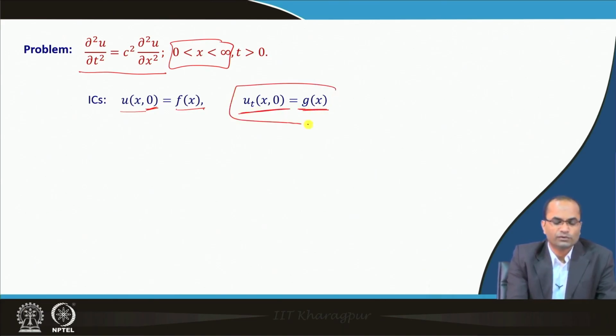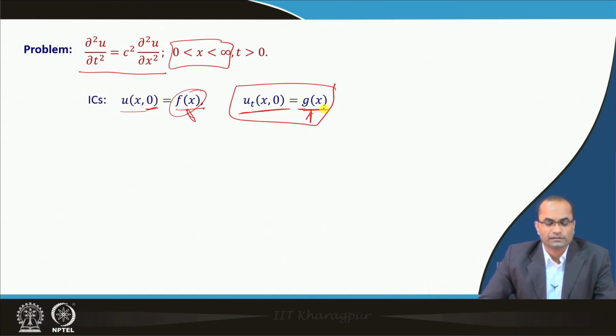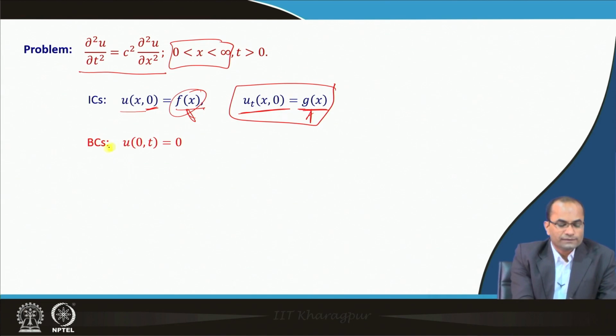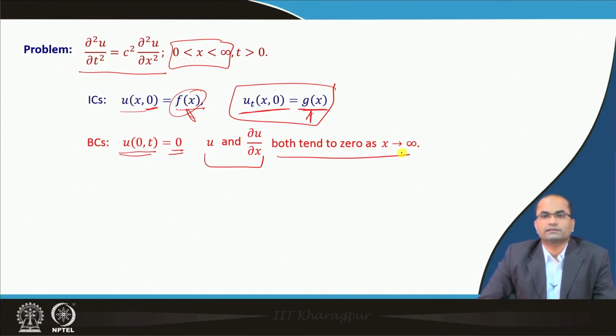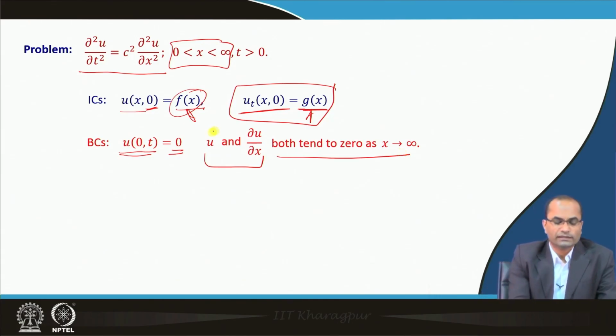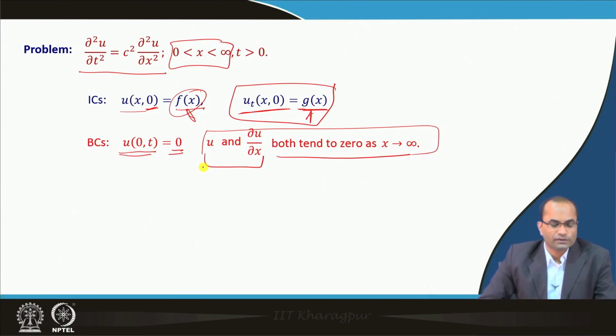So, we have a much more general situation where at both places we have f x and g x. None of them is 0. The boundary conditions: u at x equal to 0 is prescribed, and both u and u x tend to 0 as x approaches infinity. Again, this is the natural condition which we need for applying the Fourier transform.